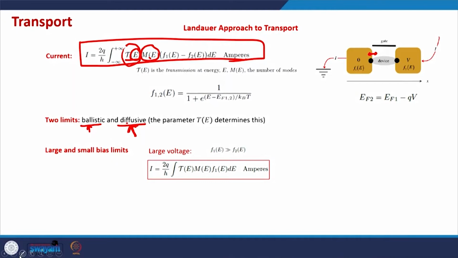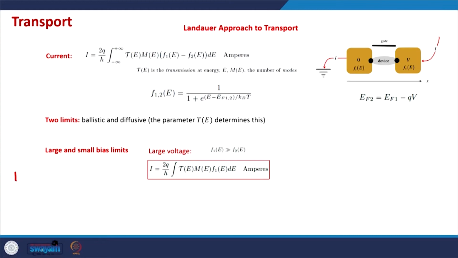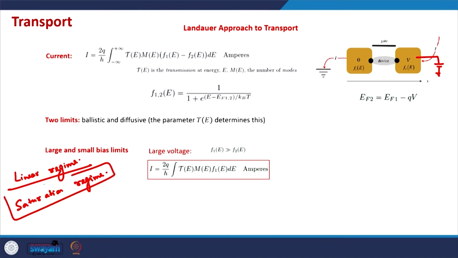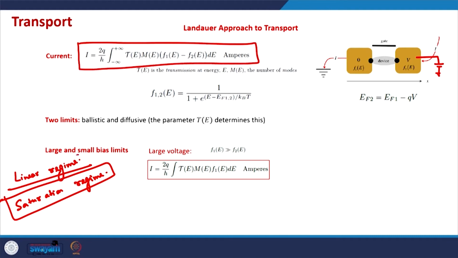Now generally in MOSFETs, if you recall, there is a linear regime of operation and there is a saturation regime of operation. In the linear regime, the voltage applied on the drain terminal is small, and in the saturation regime this voltage is large. So, there are two limits in which we finally need to discuss this equation. One is the small bias limit when the applied voltage is small, and one is the large bias limit.